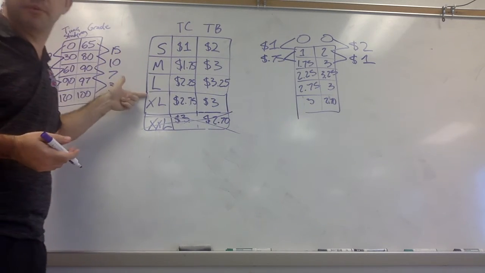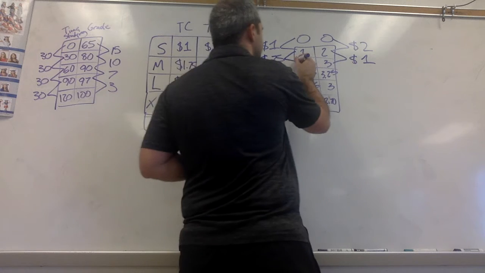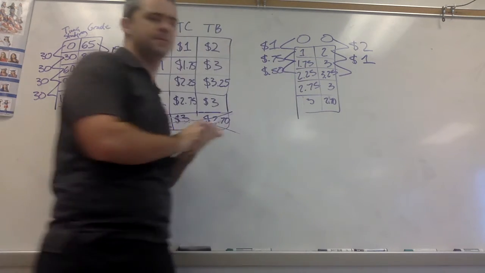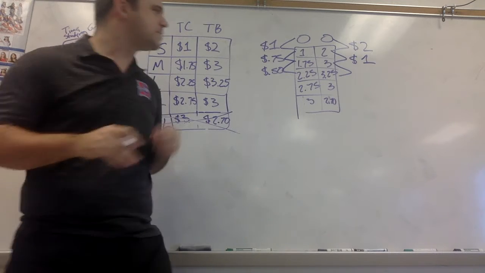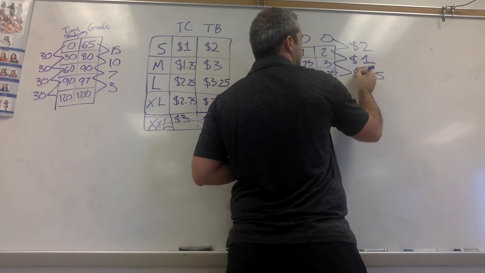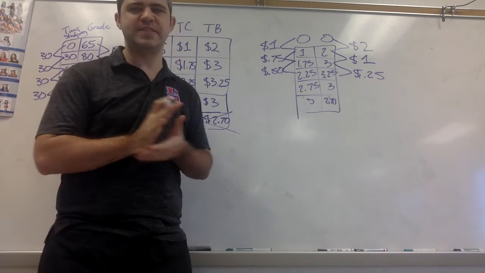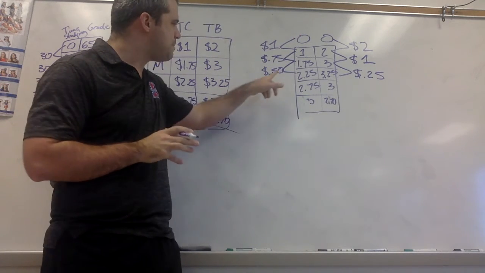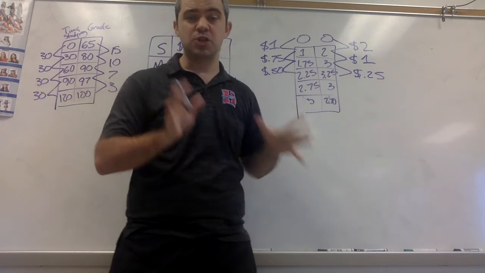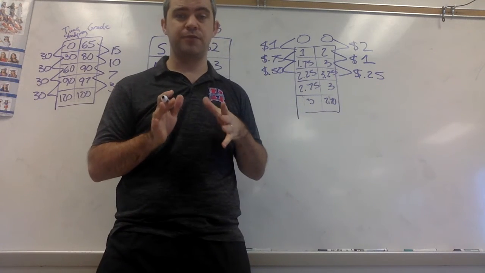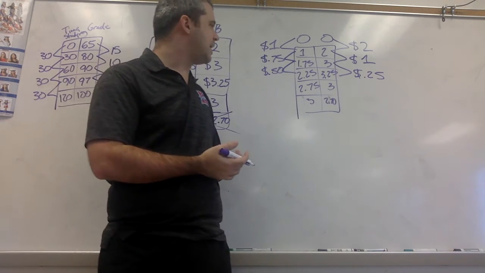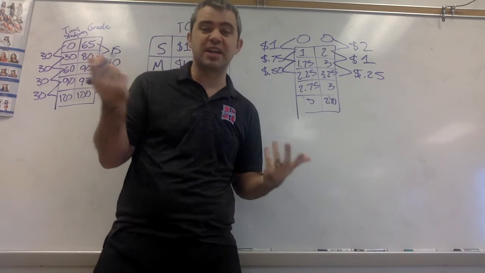Well, maybe I should go from a medium to a large. Hey, it's only 50 cents more. But what is my increased benefit? What's my marginal benefit here? It's only 25 cents. So I'm paying 50 cents to get 25 cents of goodness, of enjoyment. Okay, my fries are starting to get a little cold.